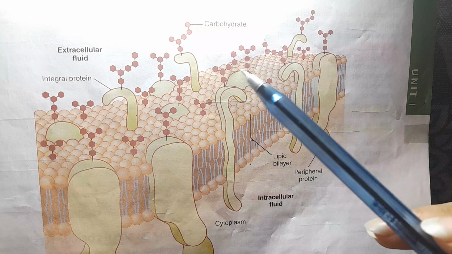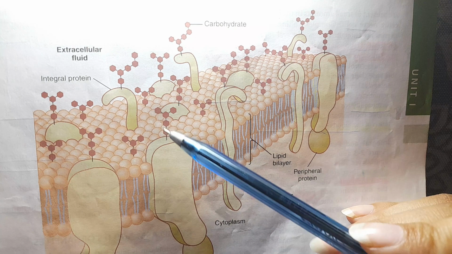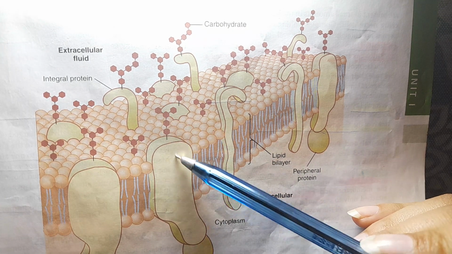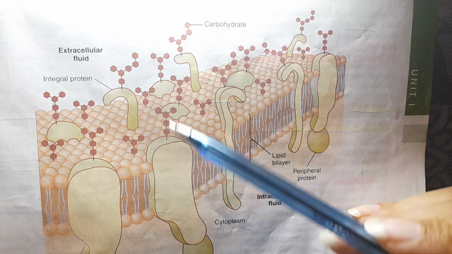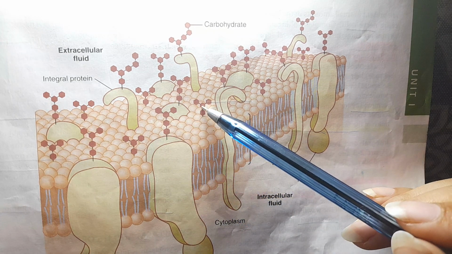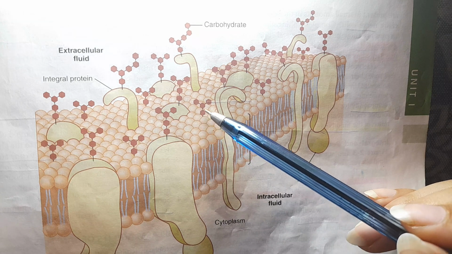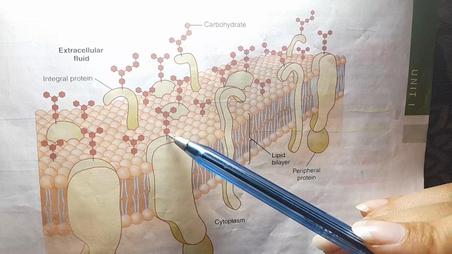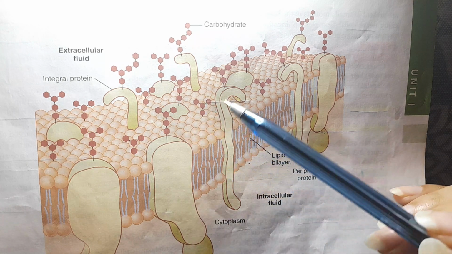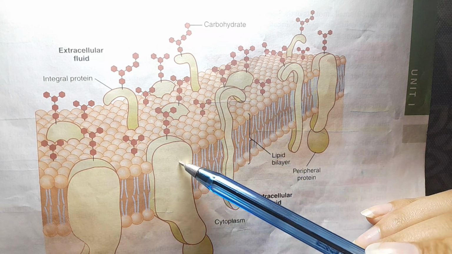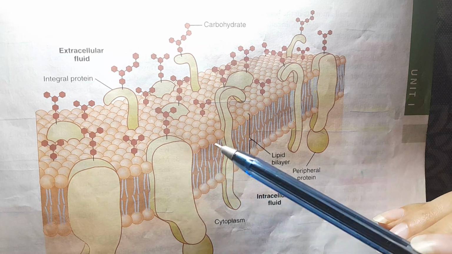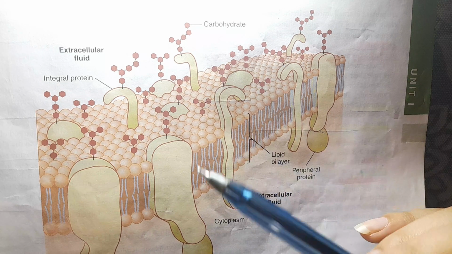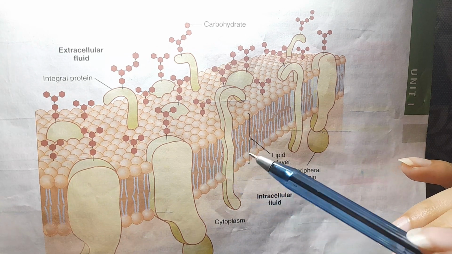Here you can easily visualize these carbohydrates attached to the proteins, so they are the glycoproteins, and these carbohydrates attached to the phospholipids are the glycolipids. The glycoproteins and glycolipids compose 3% of the total area of the cell membrane. 55% are the proteins and 13% are cholesterol molecules, whereas 25% is the phospholipid.